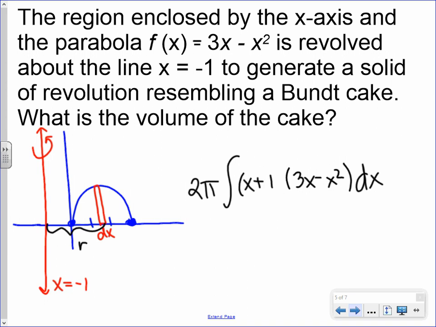Okay, we can think of it as x minus -1, and Eli just went ahead and said x plus 1. You can think of it as x plus 1 too, because you know that this distance to the y-axis is x, and then you go one more, right? Okay, both ways work. And then our limits of integration would be from 0 to 3. Those are the zeros that we have.